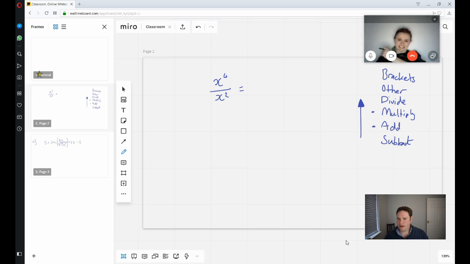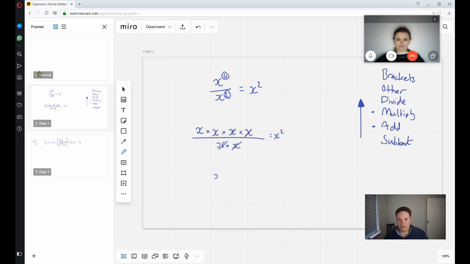Well, let's look at what that actually means for a second. That means it's going to be x times x 4 times on top, and underneath we've got x squared. So everyone on the base cancels out one on the top. Okay, so then it would just be x squared, isn't it? Yeah. So basically, whatever this number is, we take away this number. So that's x squared.